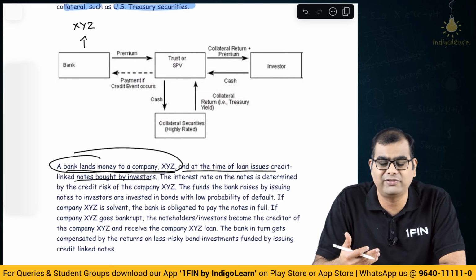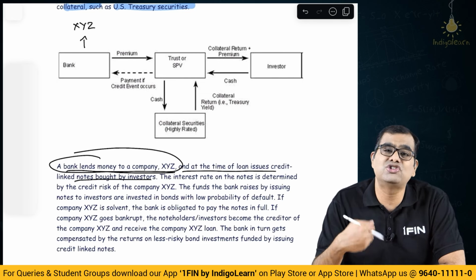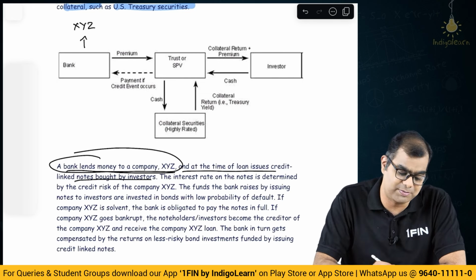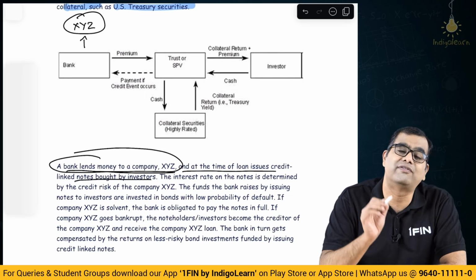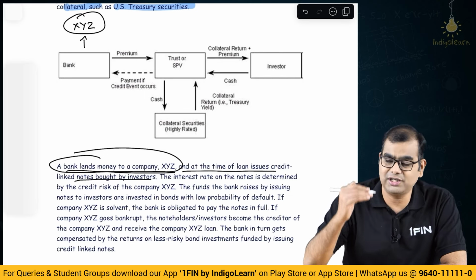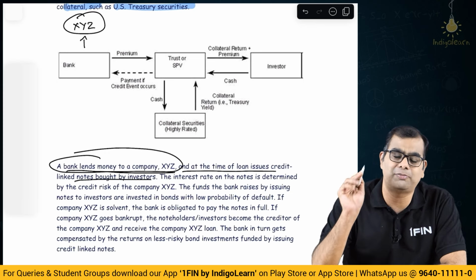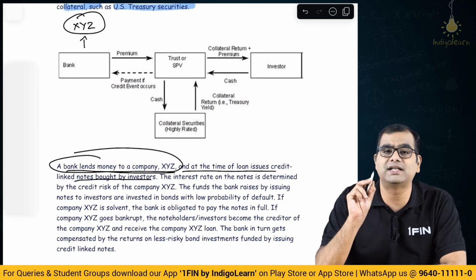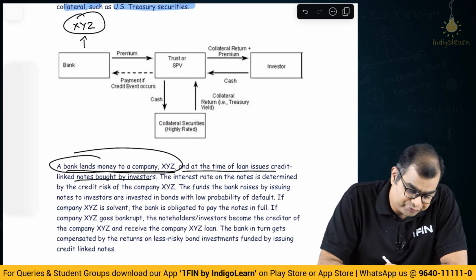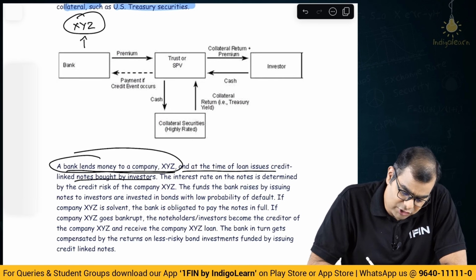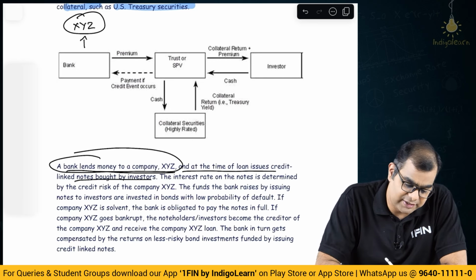Securitization is the process by which you do it. CLN is an instrument by which you are securitizing a specific loan receivable that you have from XYZ. Securitization is the process. CLN is an instrument that is part of that particular process. There are varieties of instruments. CLN is one such instrument. Then, at the time of the loan, the bank issues a credit linked note which is invested in by investors.